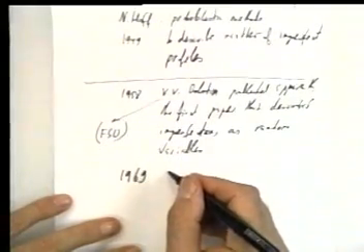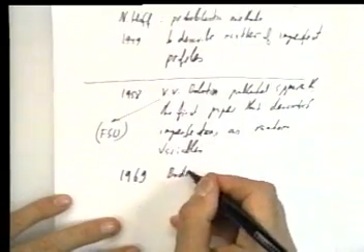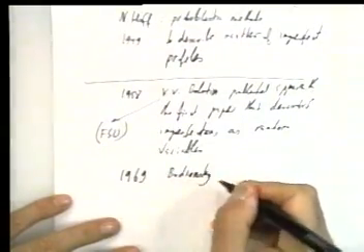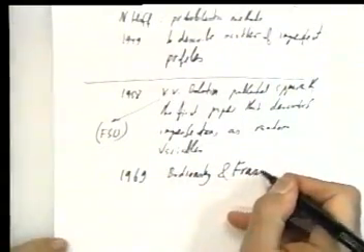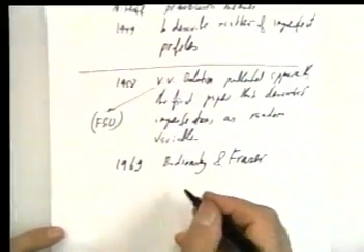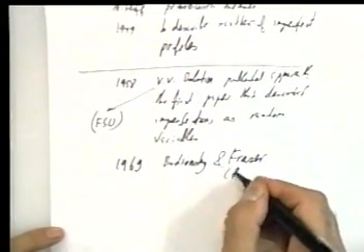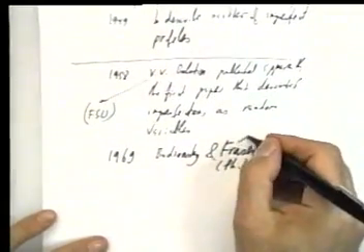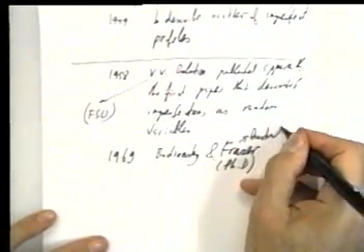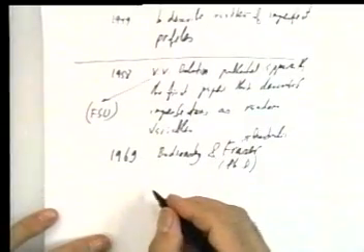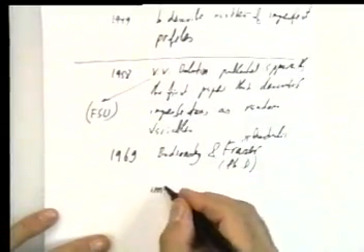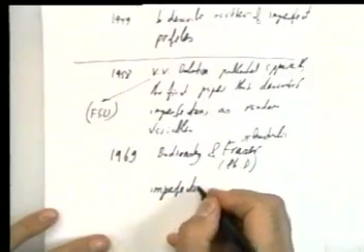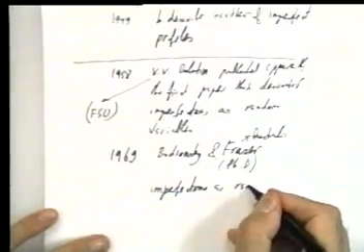In 1969, Budiansky and Fraser, that was Fraser's PhD, he's from Australia, published a paper where they dealt with imperfections as random fields.